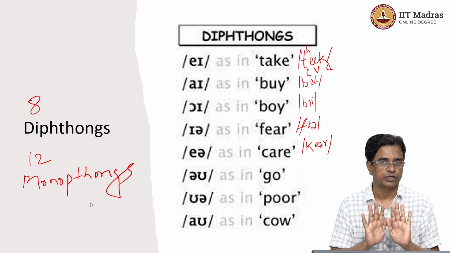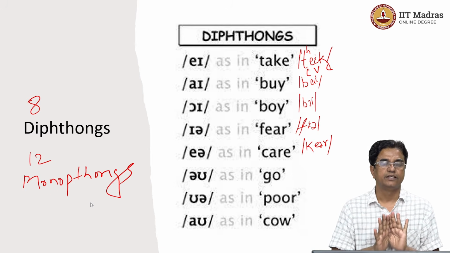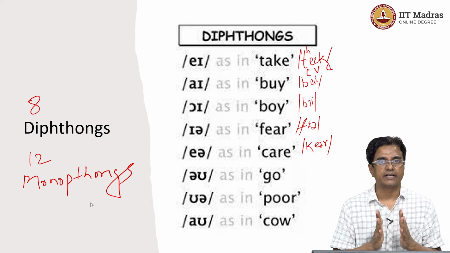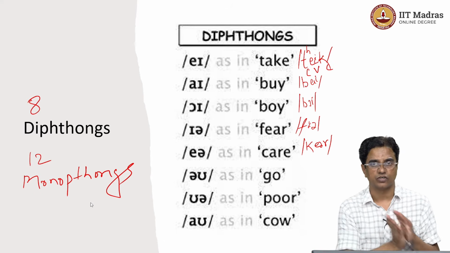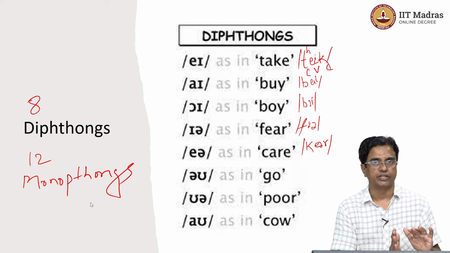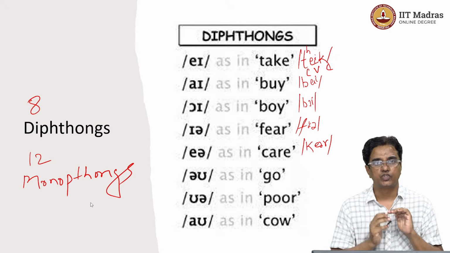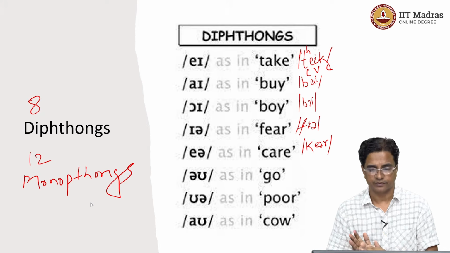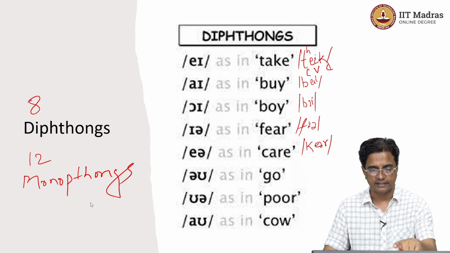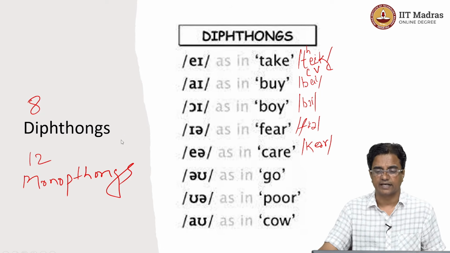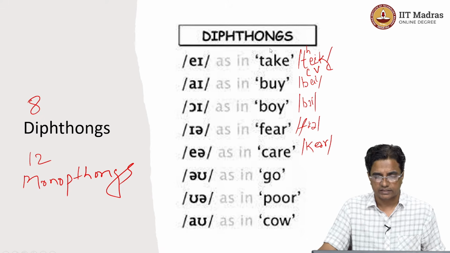So at one level, to conclude this part, we have seen all sounds being classified in 2 parts: consonants and vowels, 20 vowels. When we look further, we see 12 monophthongs, 8 diphthongs. These are the 8 diphthongs. This is how they sound, and this is how they appear in words.